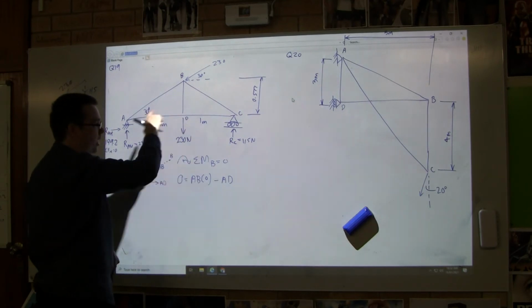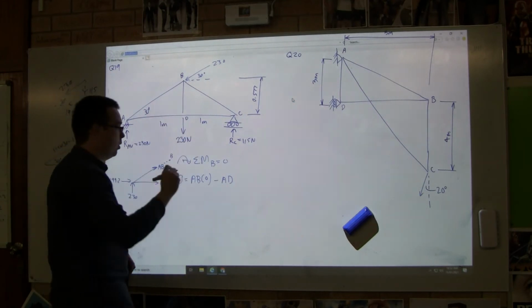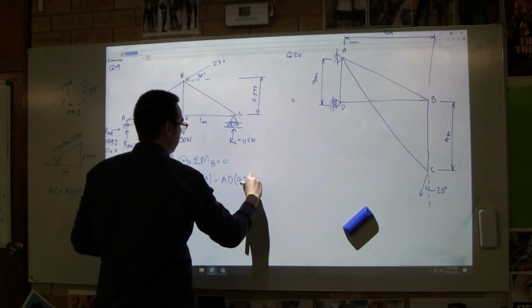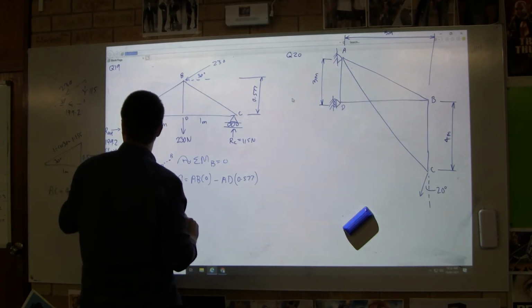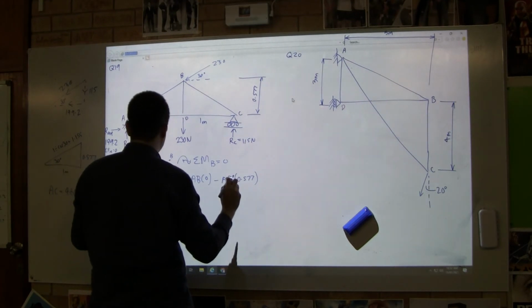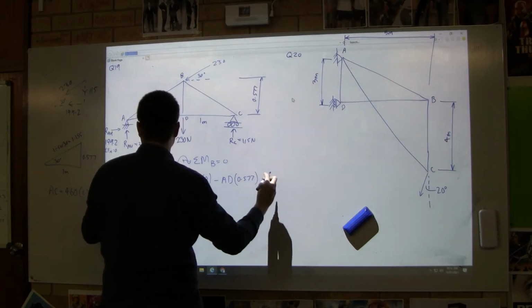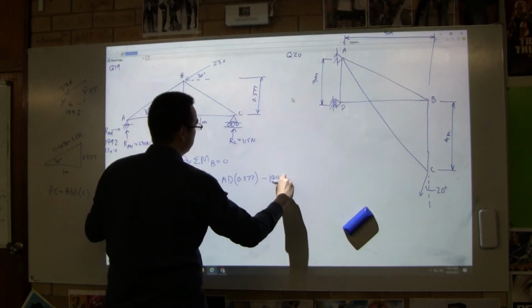If we're assuming that it's in, is it going clockwise or anti-clockwise? Anti-clockwise. Okay, so I found 0.577 here. I found that earlier. Okay, and then we're going to do this force here, 199.